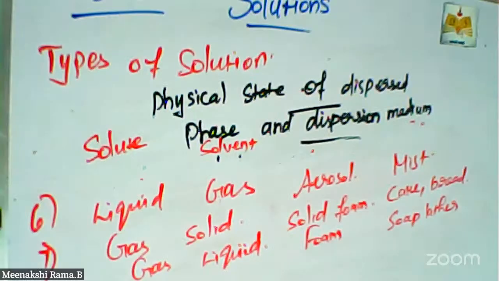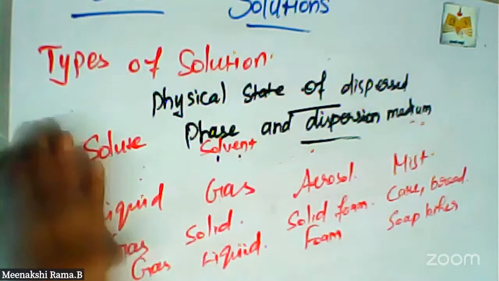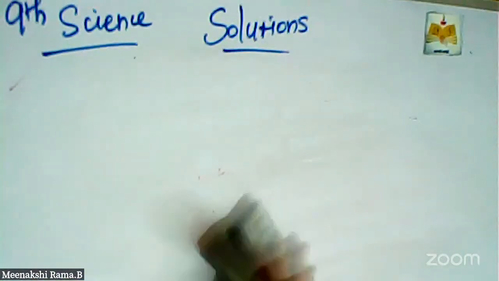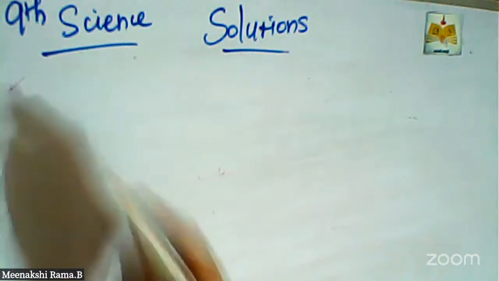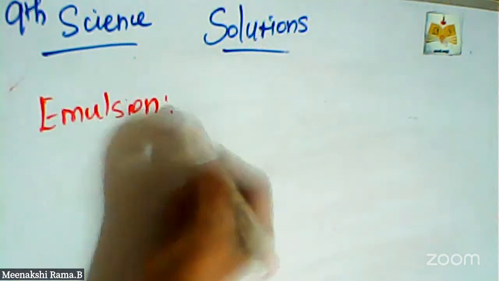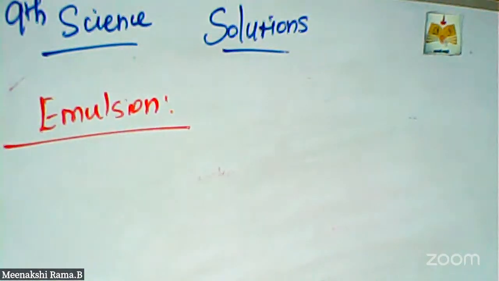Okay, next one is emulsion. Another topic is emulsion. What is emulsion? Emulsion is a colloid of two or more immiscible liquids, one dispersed in another liquid.